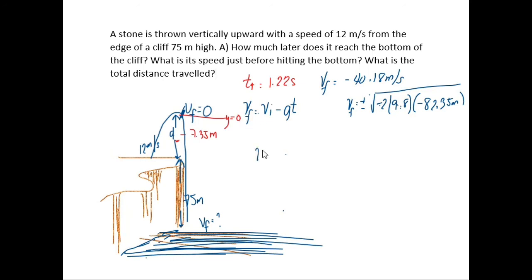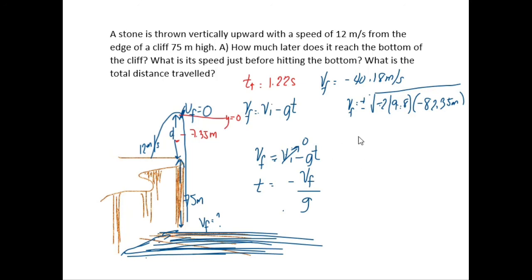So final velocity is equal to Vi minus Gt. But take note here that our initial velocity dun sa downwards, the initial velocity is already 0. So we can get the time is equivalent to negative Vf over G.